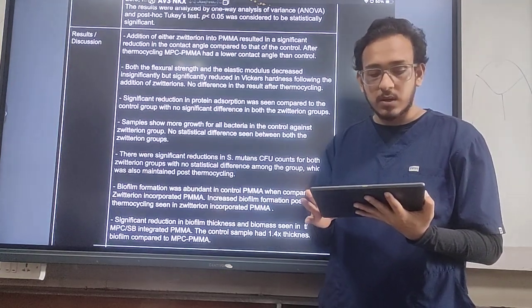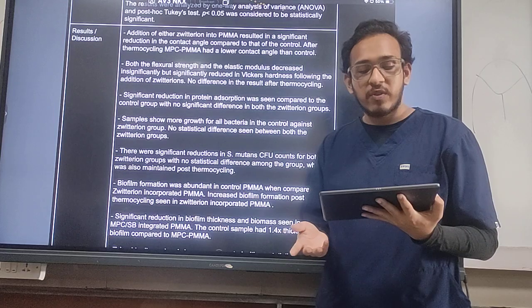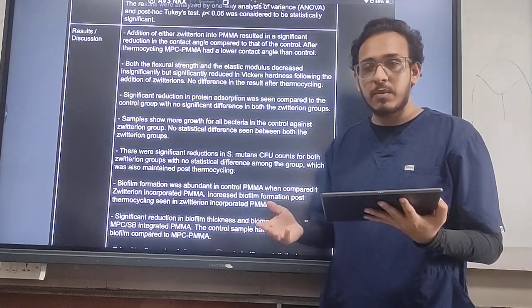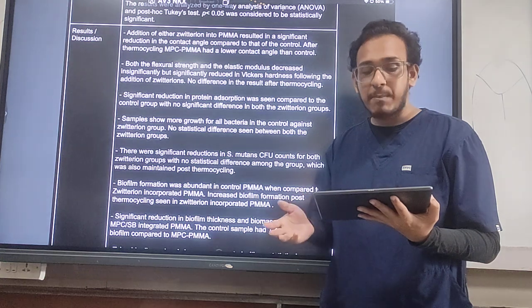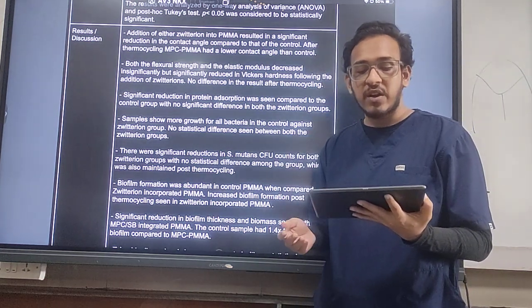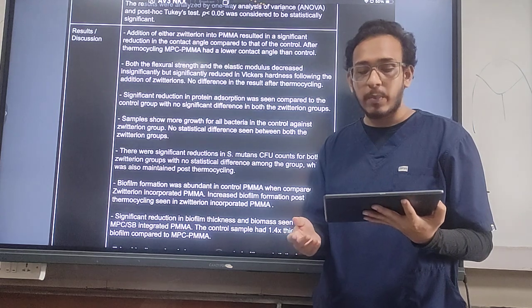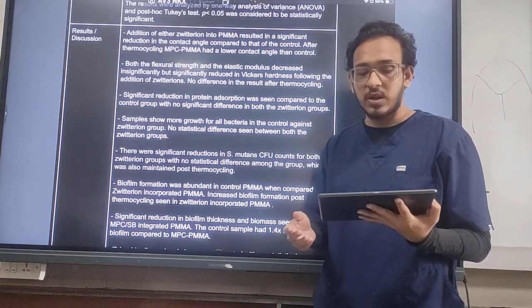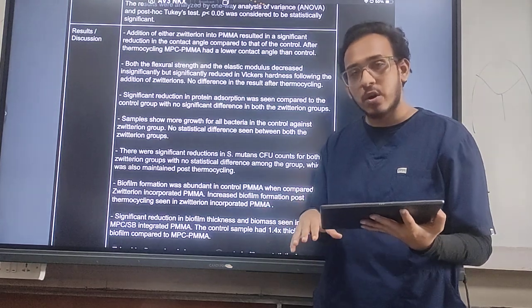So the results. Addition of either Zwitterion into PMMA, either MPC or SB, resulted in a significant reduction in the contact angle compared to that of the control. After thermocycling, the MPC group had a lower contact angle.